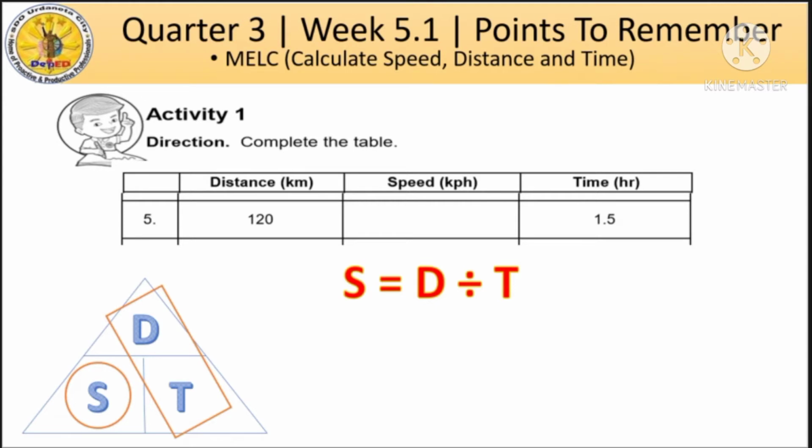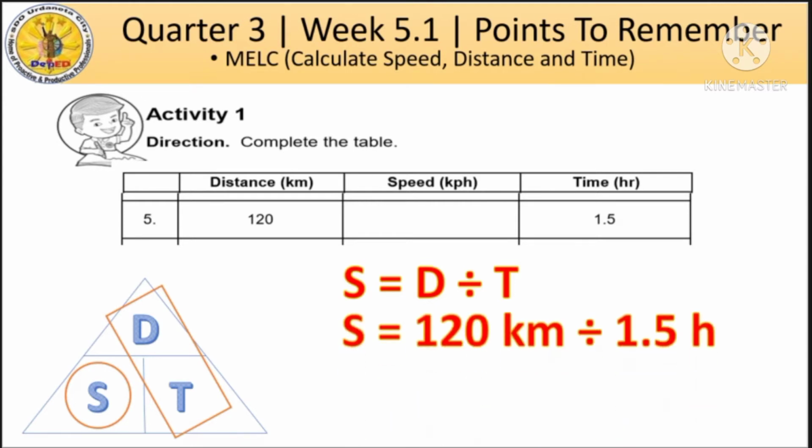So let's substitute distance by 120 kilometers and time by 1.5 hours. So 120 kilometers divided by 1.5 hours is equal to 80 kilometers per hour. So the speed in this column is 80 kilometers per hour.